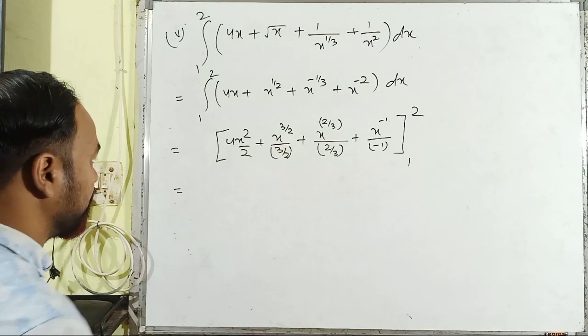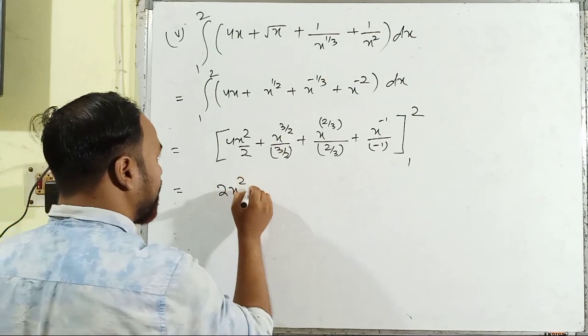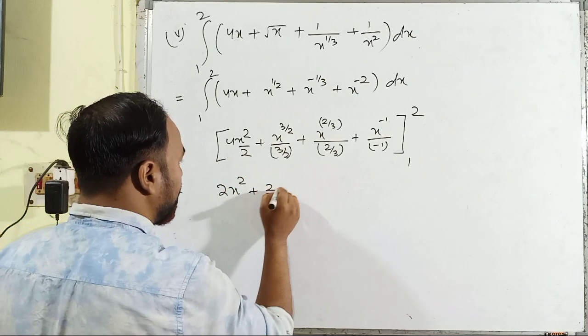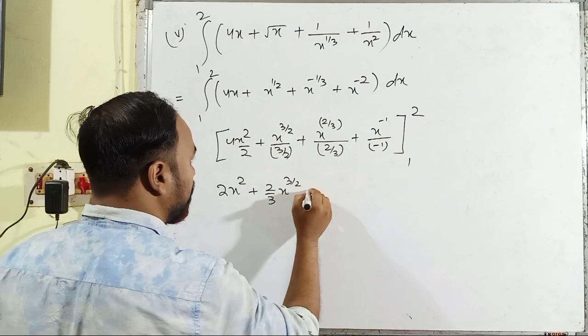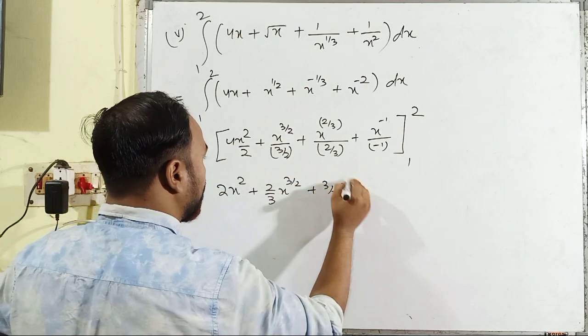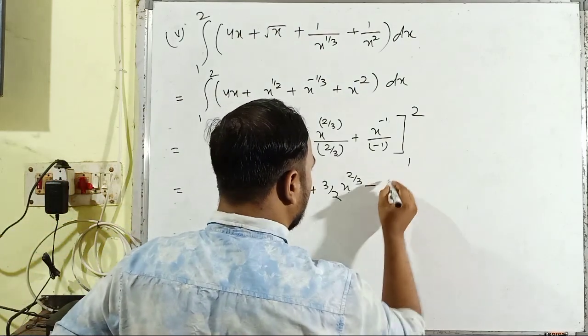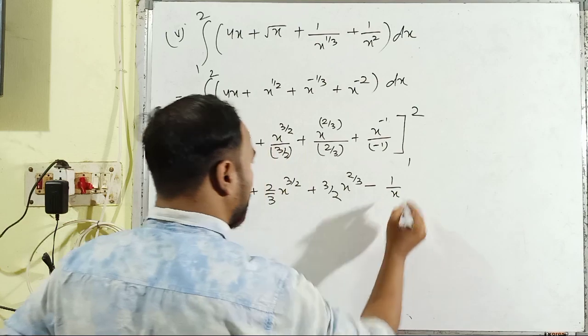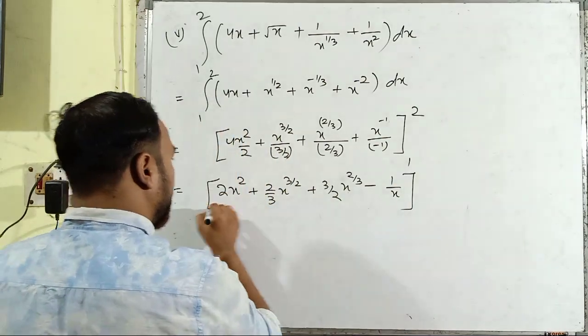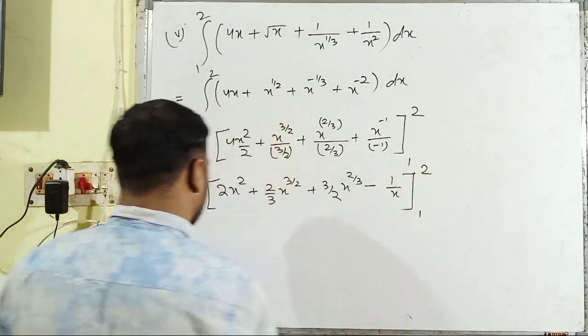Just simplifying these steps here, we have 2x square plus 2 by 3 x to the power 3 by 2 plus 3 by 2 x to the power 2 by 3 minus 1 upon x from 1 up to 2.